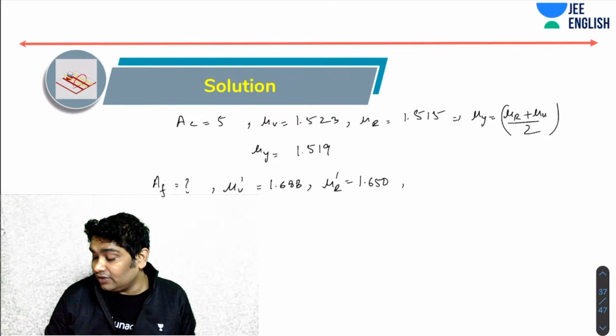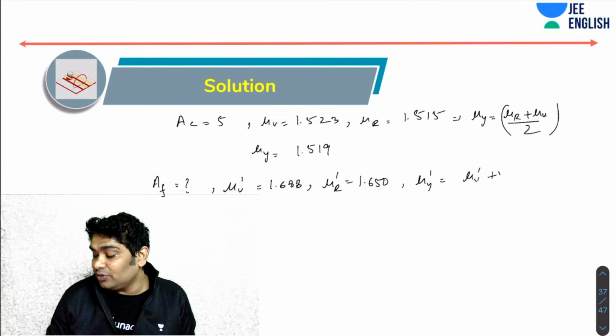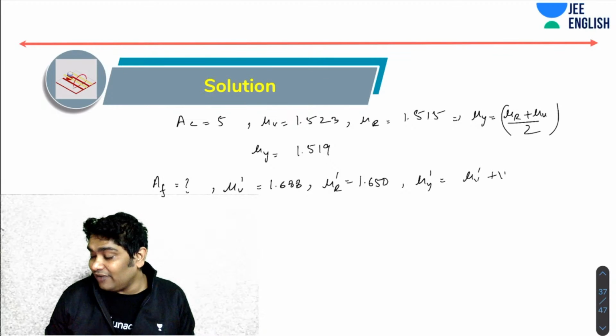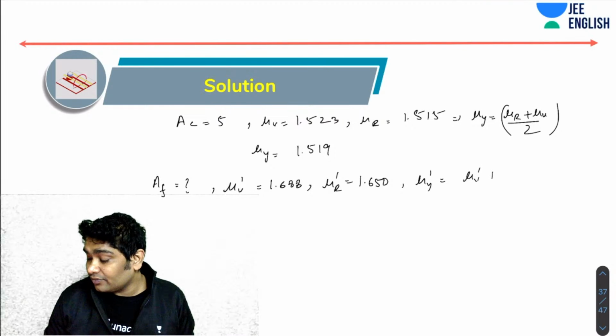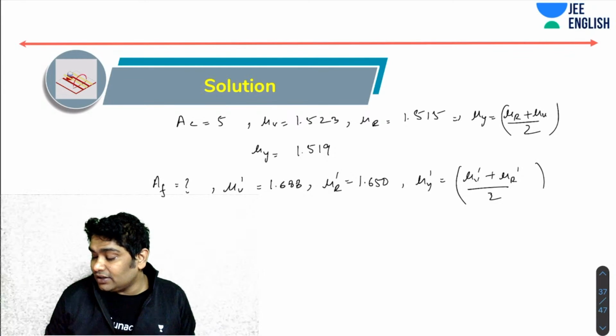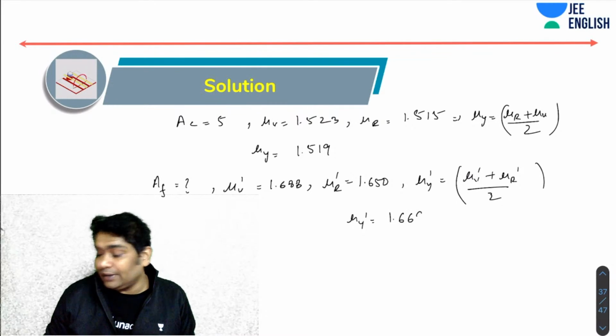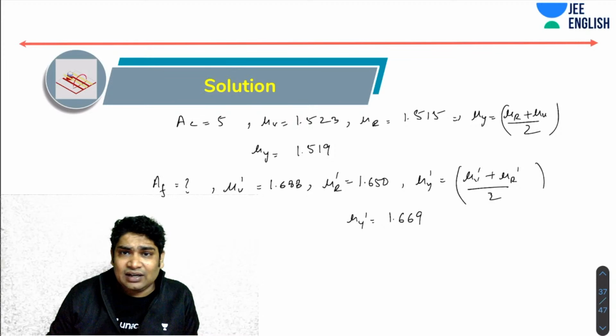So therefore, mu dash y would be nothing but mu dash v plus mu dash r over 2, the average of the two. So can I say mu dash y would be equal to 1.669? Find the average, that will come out to be this.